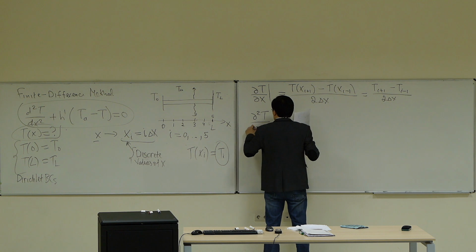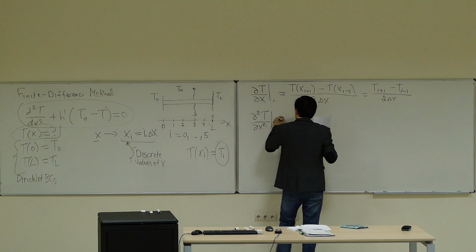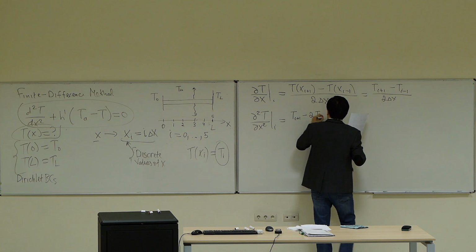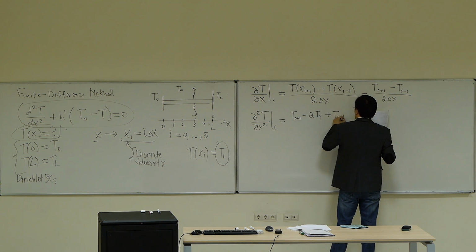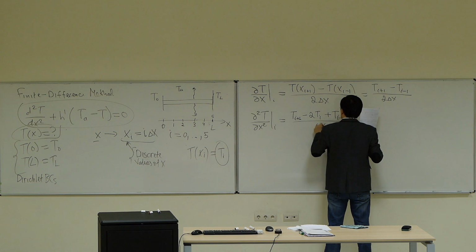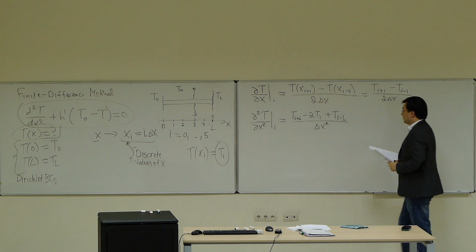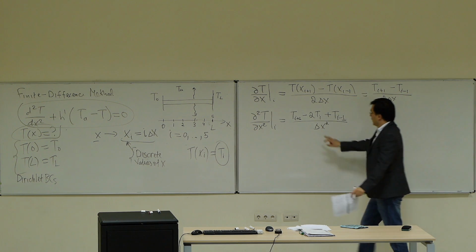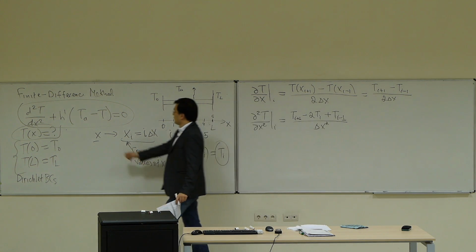The second derivative of T with respect to x at point i will be T_{i+1} minus 2 T_i plus T_{i-1}, divided by delta x squared. This is the version of this formula for the second derivative. All right, now I have to put this into this expression.